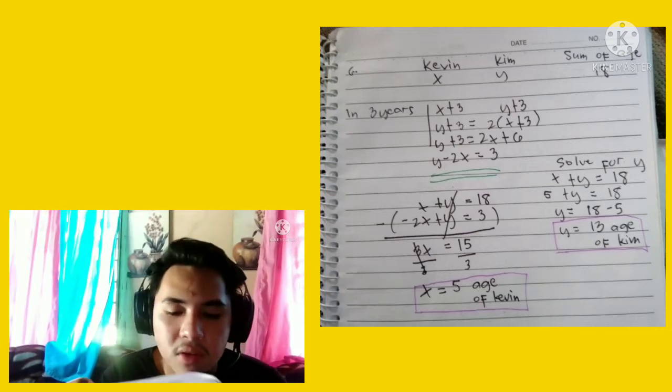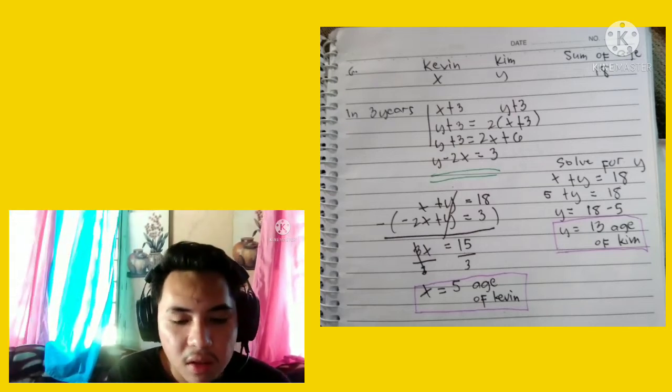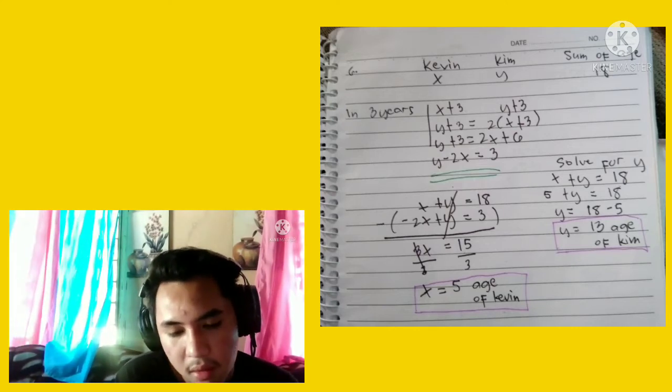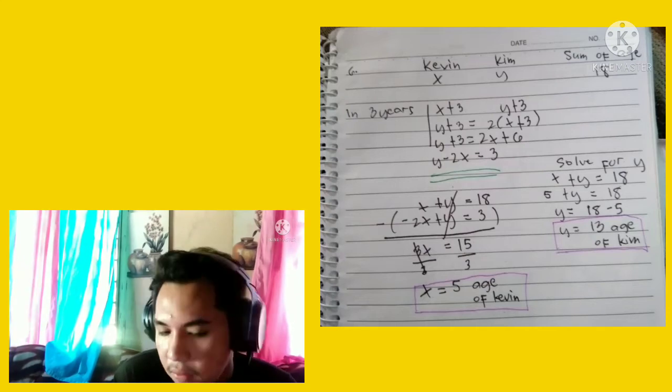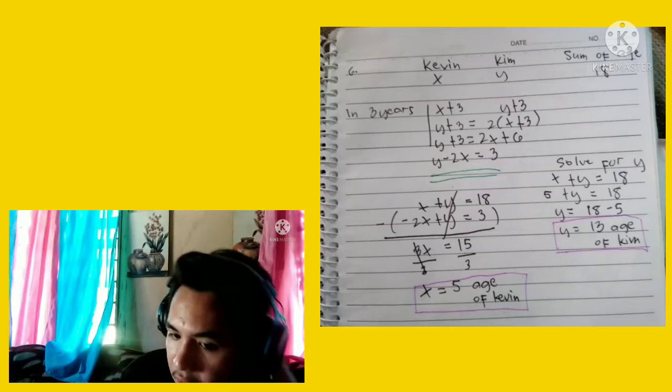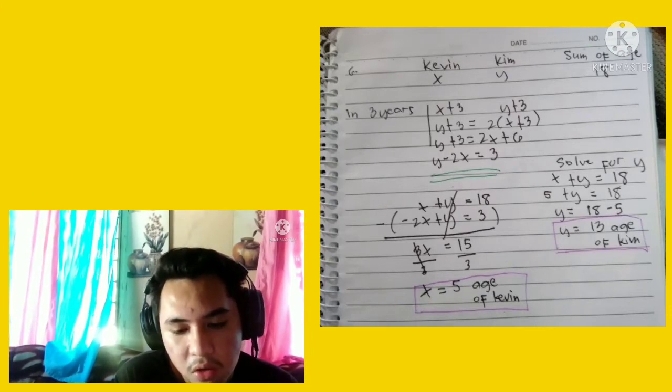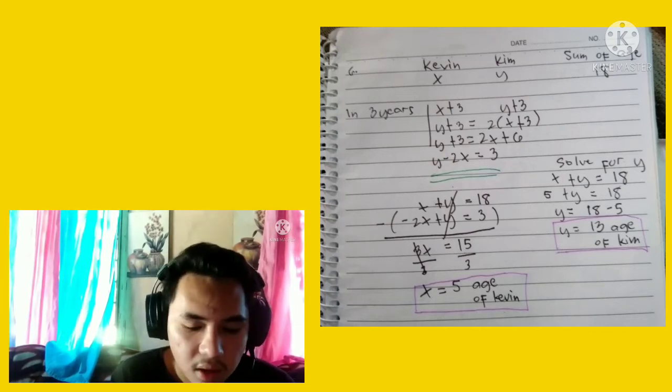We will now use the elimination method, and we eliminate our y. So we change the sign of our second equation, so we multiply all of it by negative.